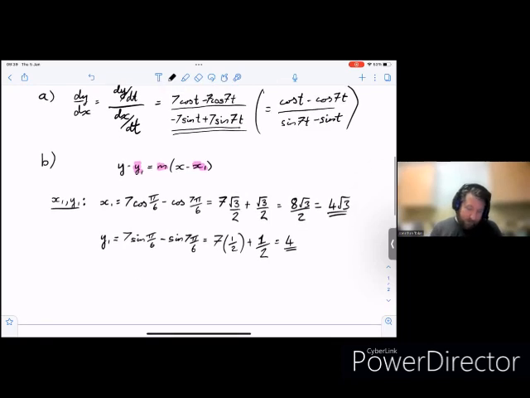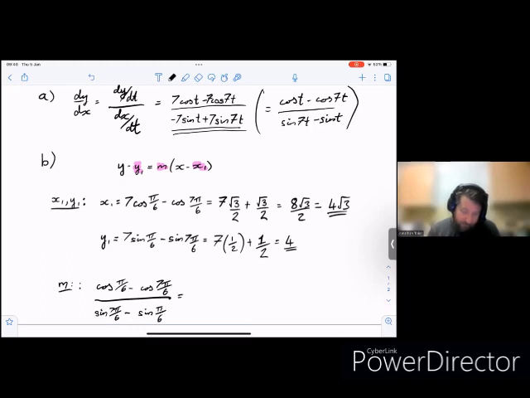And now we need to find m. So to find m, it's going to be cos t minus cos 7t all over sine 7t minus sine t. Fortunately, we've worked out all those.